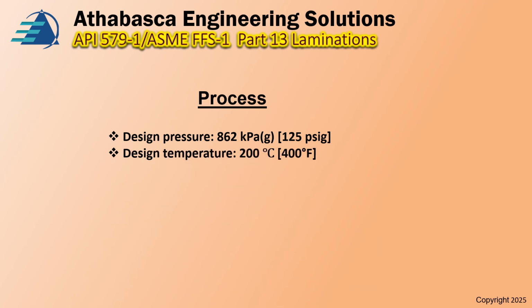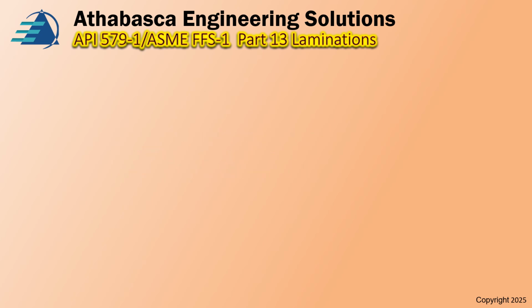The coincidental design temperature is 200 degrees centigrade, and it's not in hydrogen charging service. There's no H2S, for example, in the service that can dissociate in water and form monatomic hydrogen, which can migrate into the steel, which is an essential element of laminations. And for more details, check out episode 1.